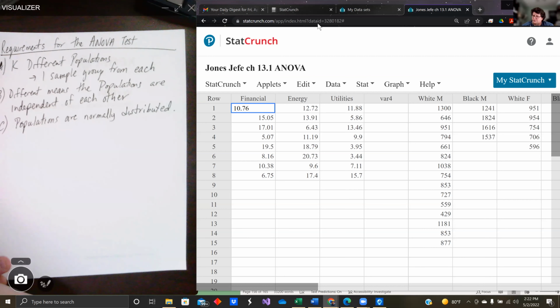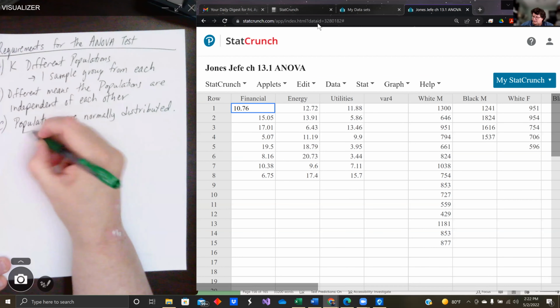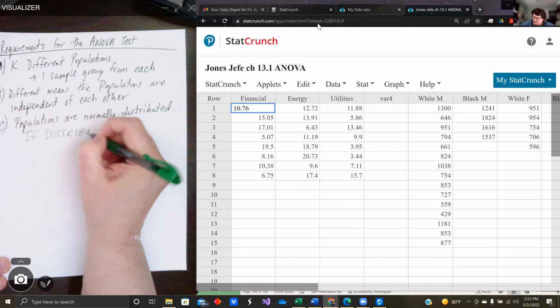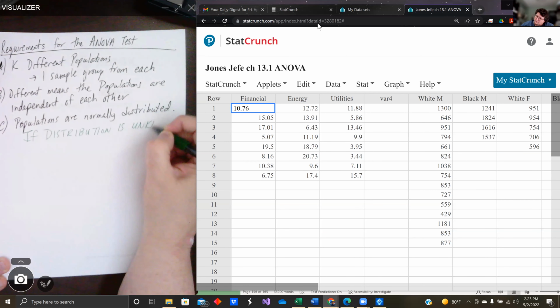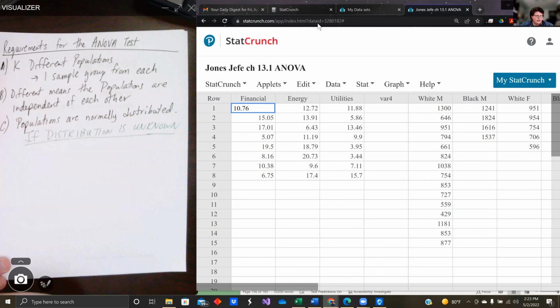So if this distribution is unknown, we have similar requirements to what we wanted for the means test.